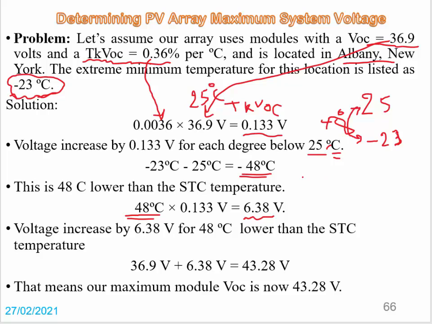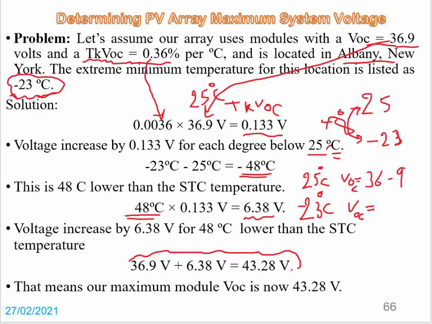So at 25 degrees Celsius we have V open circuit equal 36.9, and when the temperature is minus 23 Celsius, how do we calculate V open circuit?